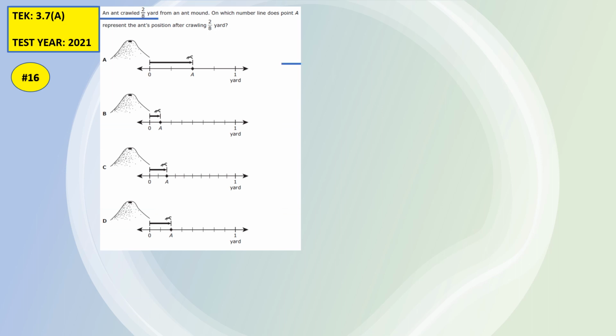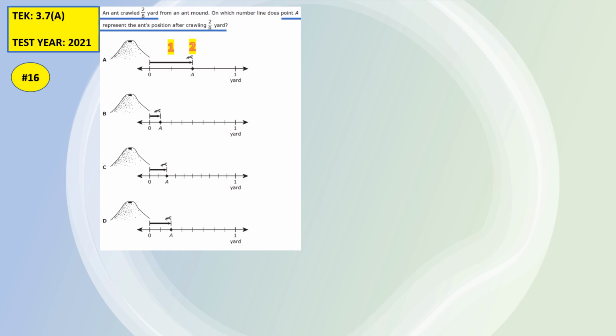So again, we're going to underline these important things that we need to remember. All right. I'm starting with numbering my marks on answer choice A to see what unit fraction we're counting by. So for answer choice A, I marked the first one from 0 to 1, that's 1.